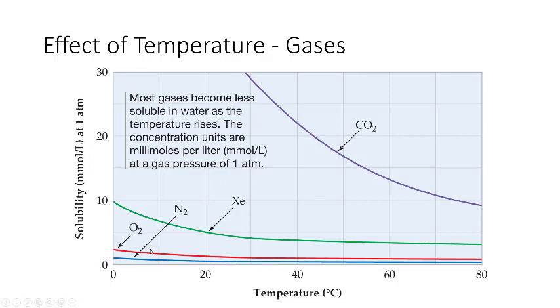As the temperature of the Earth rises, the solubility of oxygen within the water is decreasing. This is becoming quite a devastating situation, where we are changing the chemistry of the water. This is having adverse effects on the wildlife that are living in the water, as well as the plant life that depend on oxygen dissolved in the water to be able to survive. So this temperature dependence of solubility is really important in lots of different aspects of life.